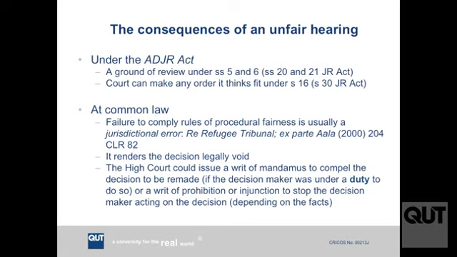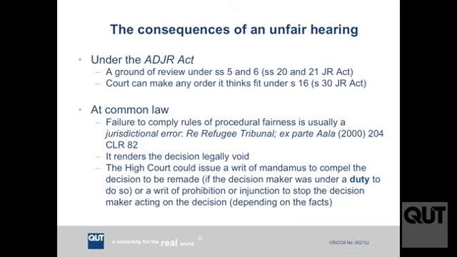At common law, a failure to comply with rules of natural justice is usually treated as a jurisdictional error, which was confirmed in the case of Refugee Tribunal ex parte Awa. As we'll discuss further in week 7, if a decision is affected by jurisdictional error, it is treated as being legally void.